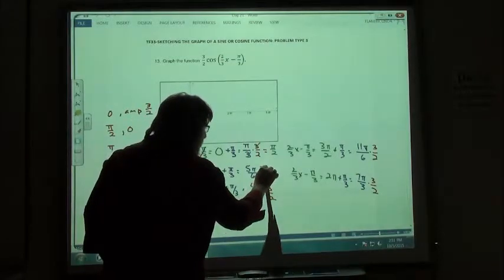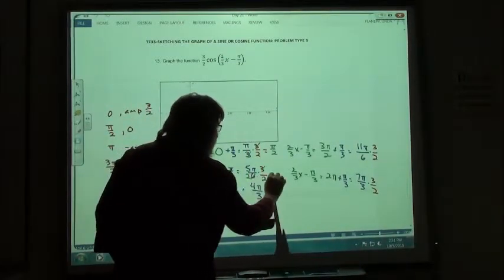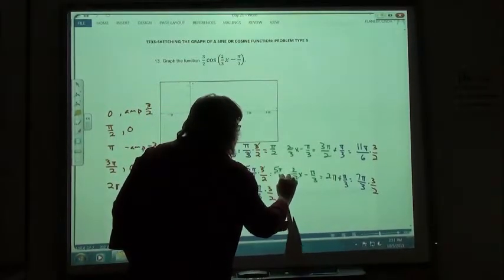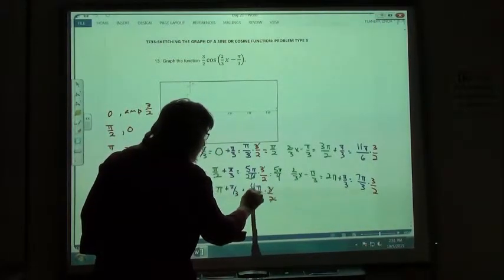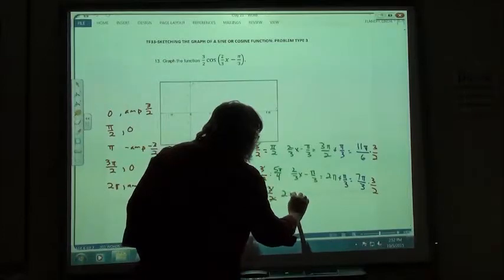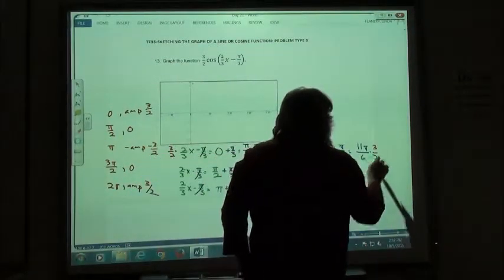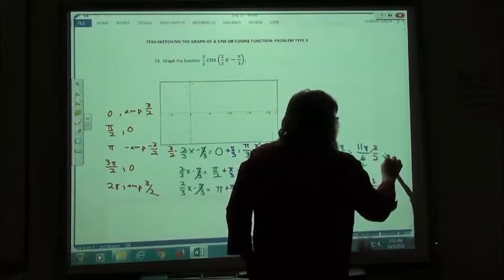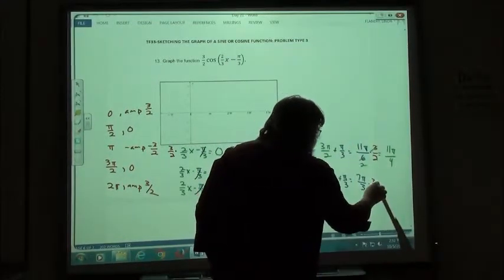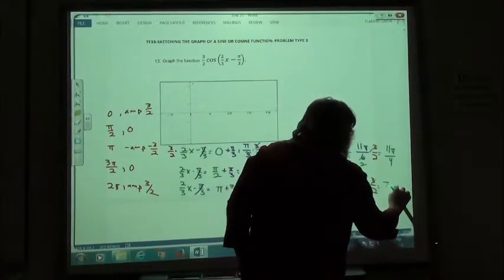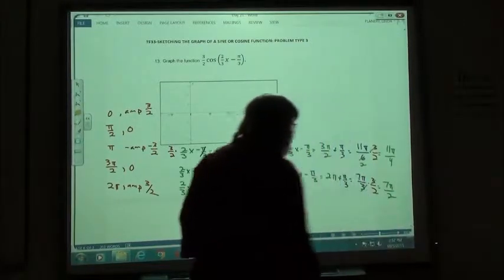This one, 3 goes into here 2 times, so I get 5 pi over 4. This one, the 3's cancel out. 2 goes into 4 2 times, so I get 2 pi. This one, 3 goes in here 2 times, so I get 11 pi over 4. And here the 3's cancel out, so I get 7 pi over 2.